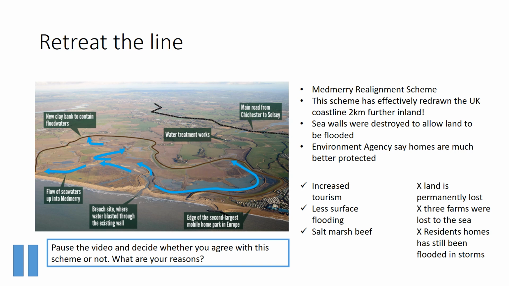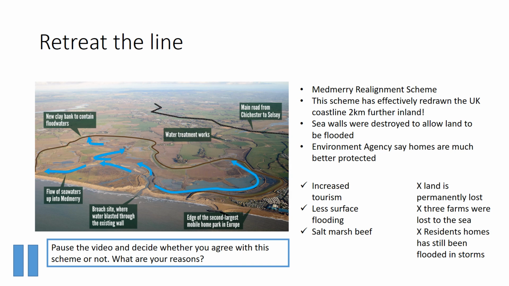So during the winter of 2014 to 15, there were many weeks of heavy rains and storms. However, one of the holiday home villages said that it's been the first winter in years that they haven't had to deal with surface flooding, and that rainwater drains into the new marshes beautifully.